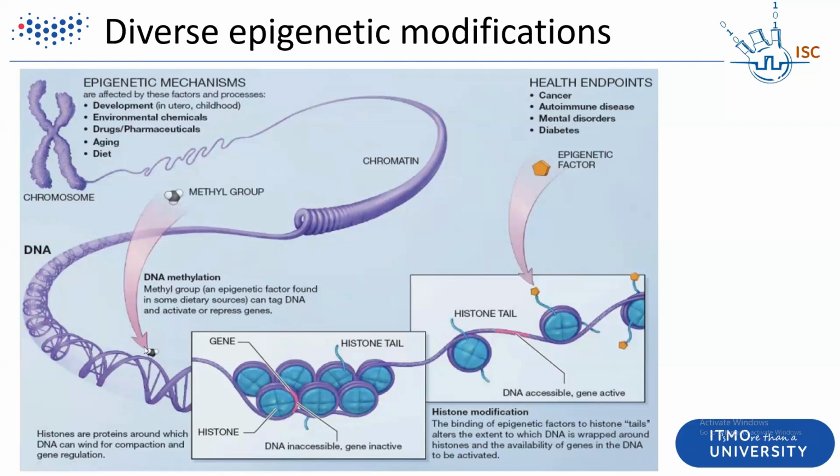And histones are the proteins around which DNA can bind for compaction and gene regulation. Once the DNA is bound to the histones, the DNA is inaccessible and the gene is inactive. Then you have accessibility when you stretch the DNA out, and the DNA becomes accessible and activates the particular genes.